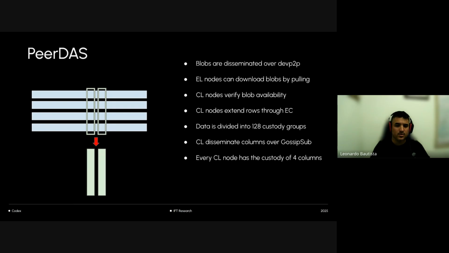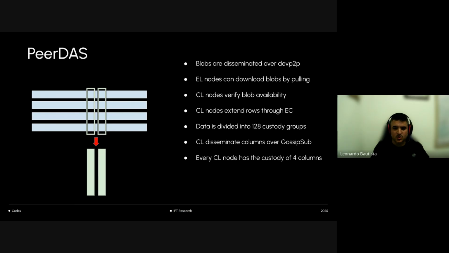But this is going to be important for recovery, because even if you lose some of these columns or part of the data, through the Reed-Solomon encoding you will be able to recover whatever data is missing, up to some point, of course. Now, what we do right now is that we divide these blobs in 128 custody groups that we call columns.